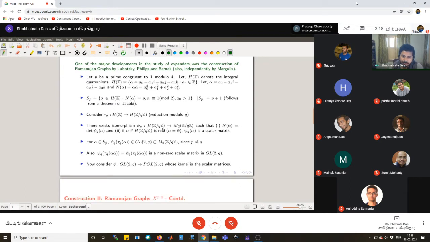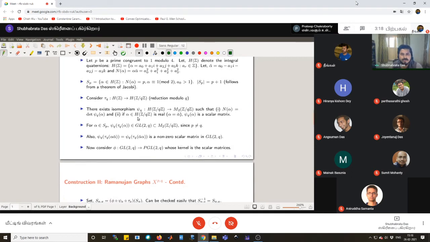So with these two restrictions, we can show that there is an isomorphism. If you write down the map and check that, then we will get the norm to be equal to the determinant, and corresponding to these type of elements, we get scalar matrices.